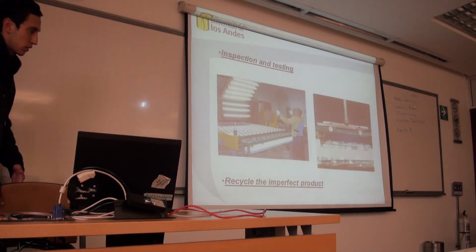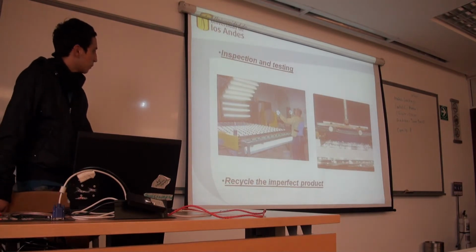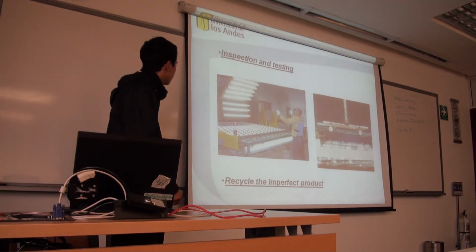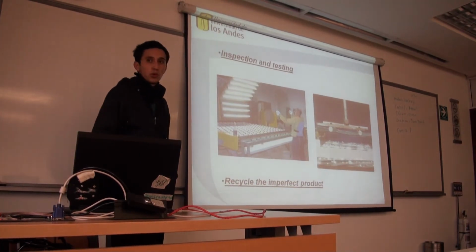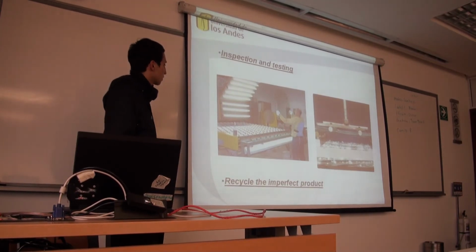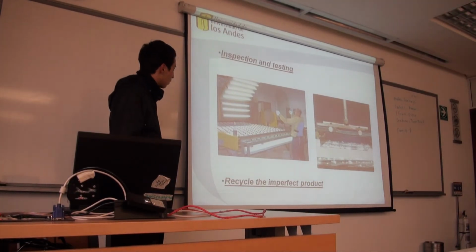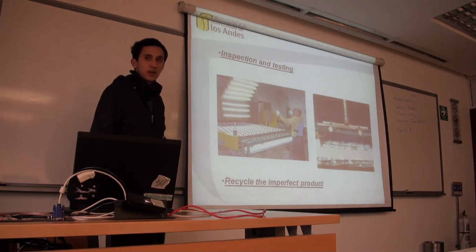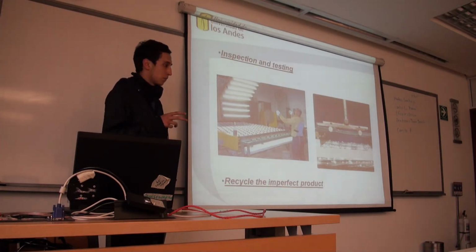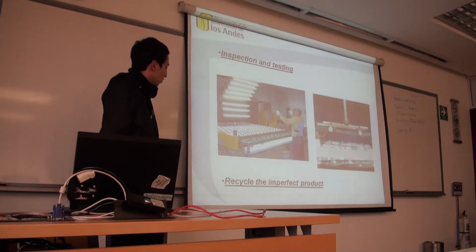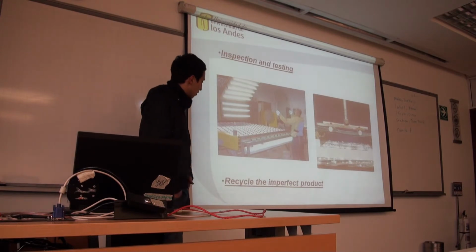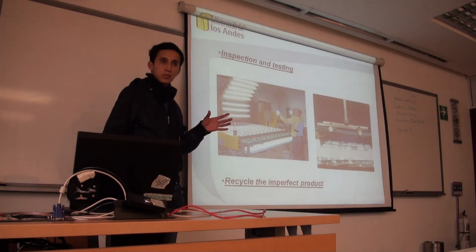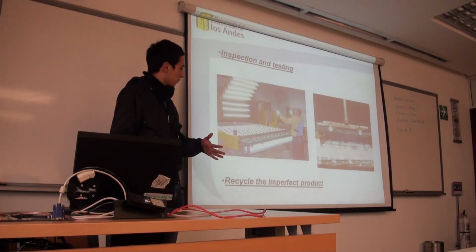Finally, when we have the products finished, all products need to go through an inspection and testing stage, where all products have a resistance test. When the test is finished, all products are classified as imperfect or perfect.